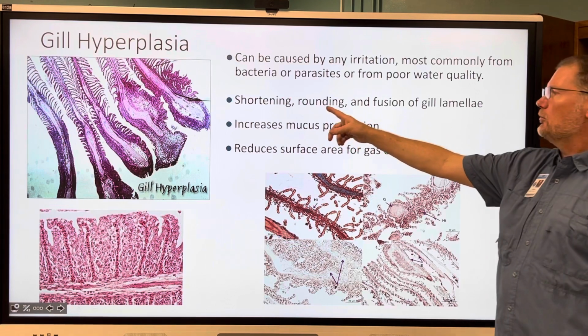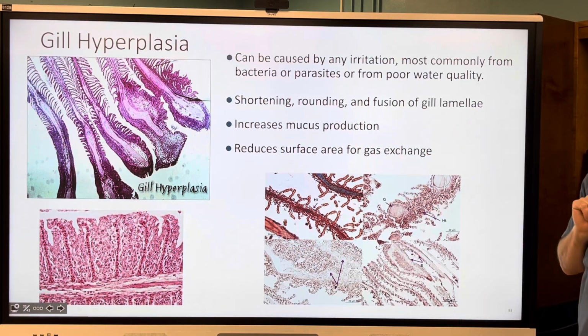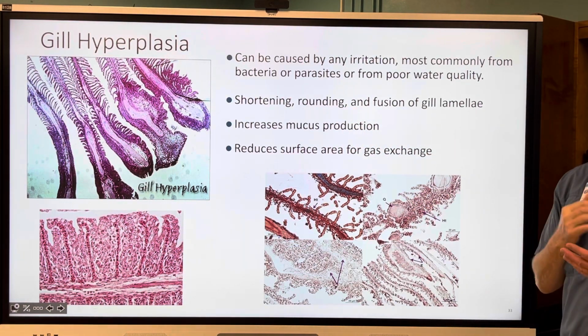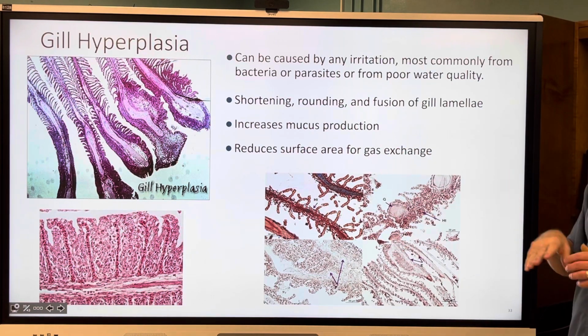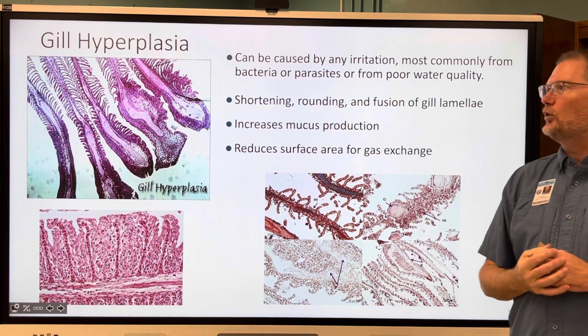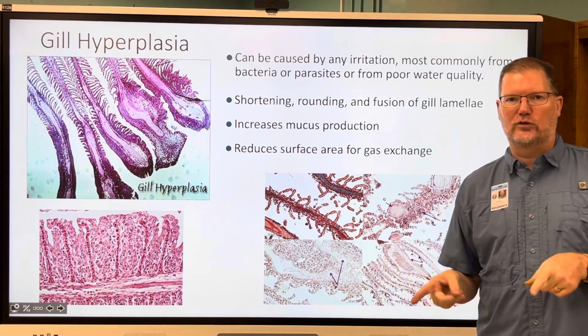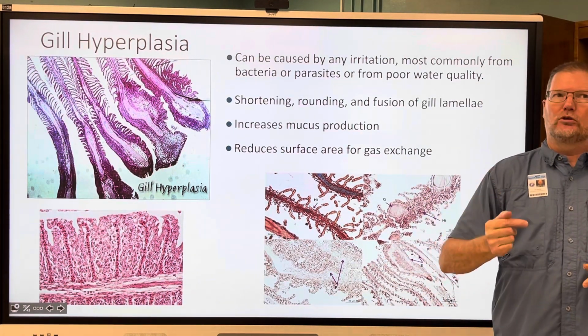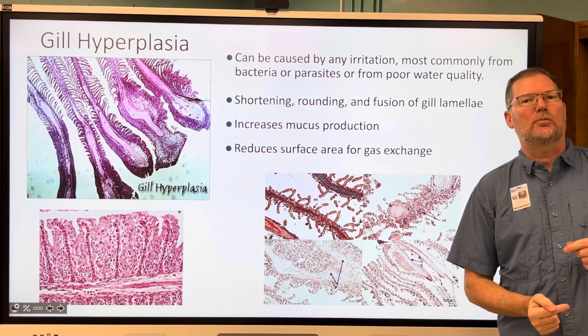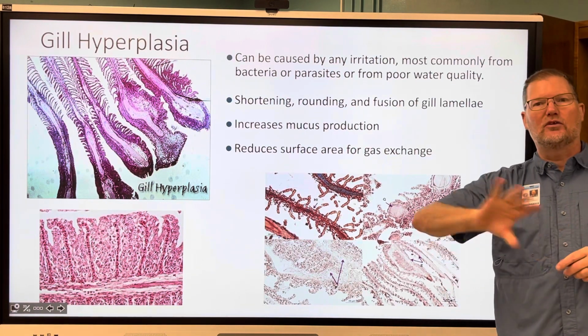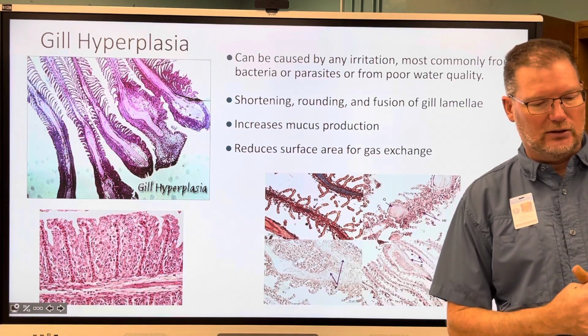It shortens them, rounds them, fuses them even together, increases mucus production, and reduces the surface area for gas exchange. That's what gill hyperplasia does. And we actually learned about this word when we learned about parasitic relationships in organisms in the first semester.